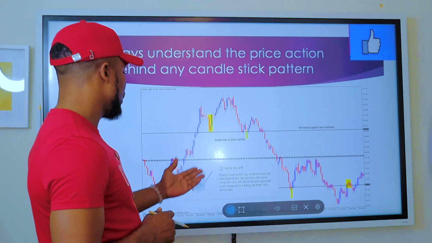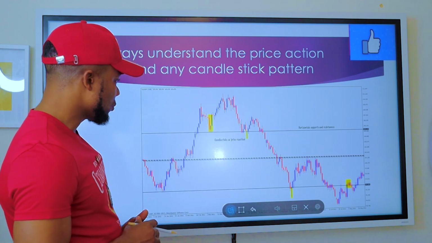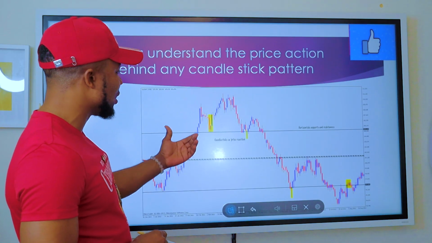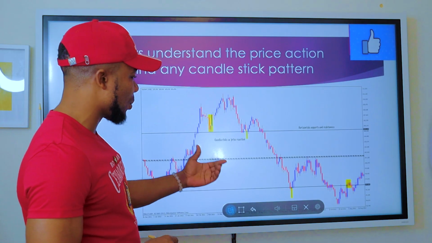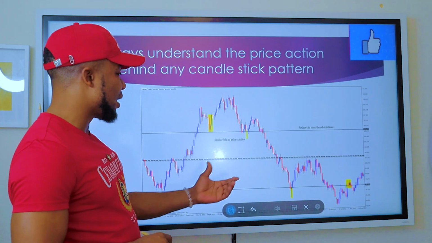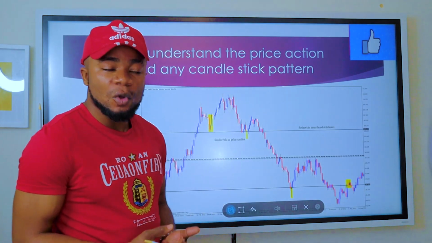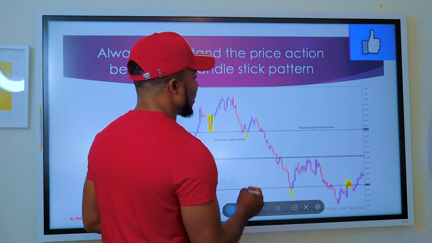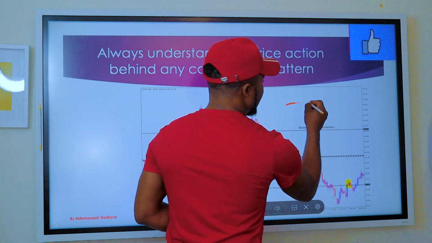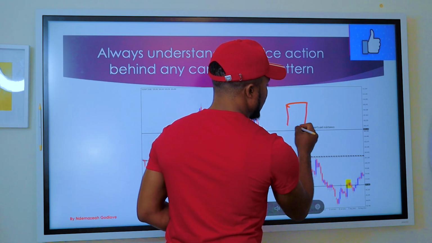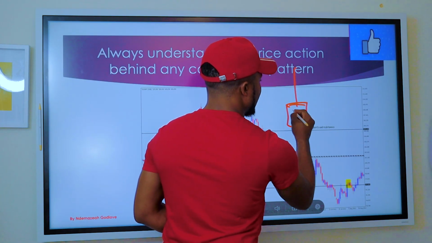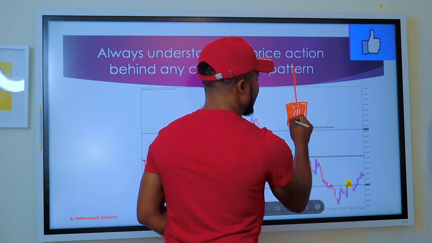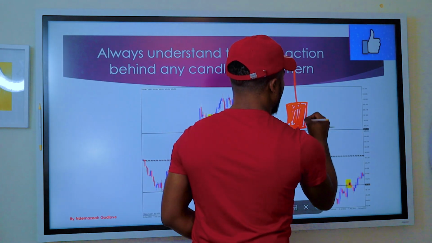For example, if I'm trading support and resistance, and anytime the market comes back to a support and I see a particular pattern, I'll be able to know exactly what is happening. Or if the market comes back to a resistance and I see a pattern like this, this is an example of a shooting star that has a body and a long wick.